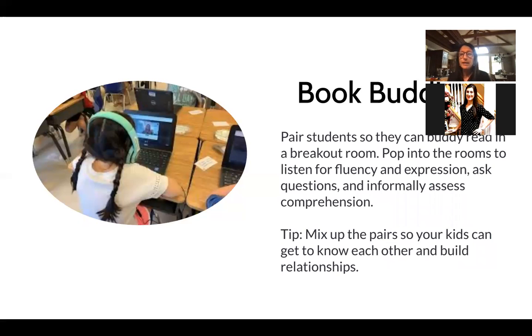And you're popping in and out of the rooms to check for fluency and expression. You could ask questions and informally assess your students for comprehension. Strategy would be to mix up pairs so your kids can get to know each other, especially for those students who are completely remote. They're really not building any relationships or it's harder for them. So this is a great way to pair them and build relationships.